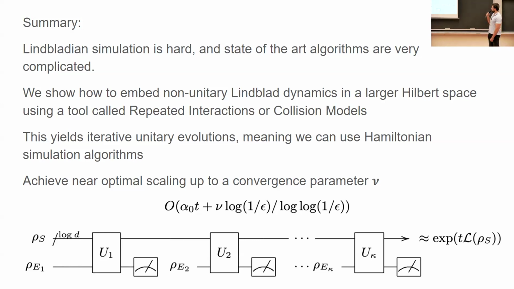Through this iterative prepare and trace out strategy, we can use those state-of-the-art Hamiltonian simulation algorithms we like to get some pretty good asymptotic complexity. Again, if you're paying attention to some earlier talks, it's pretty similar to the best we can do, except for this new parameter, which is this convergence thing, which you'll have to come to my poster to find out more about. But yeah, thanks.